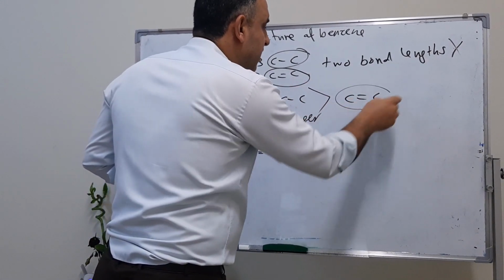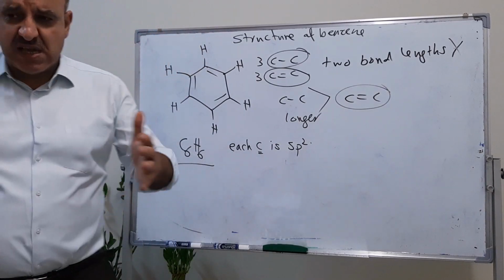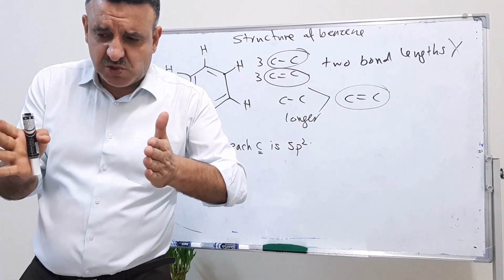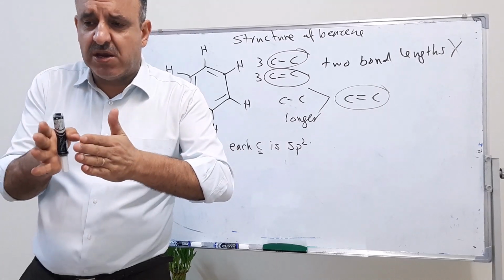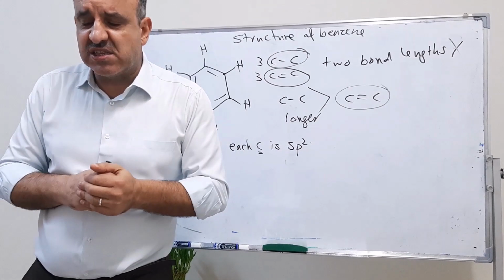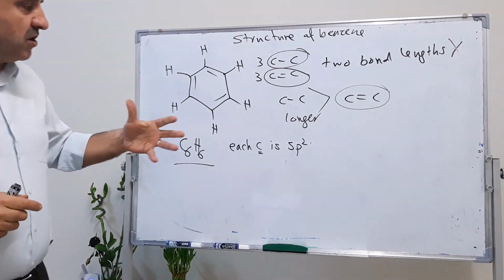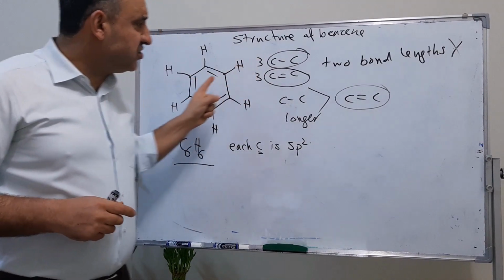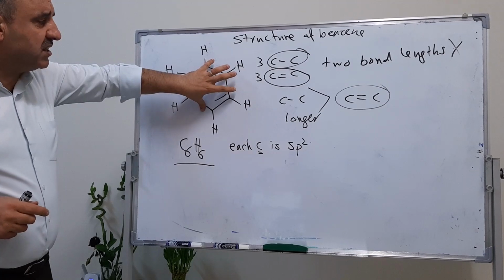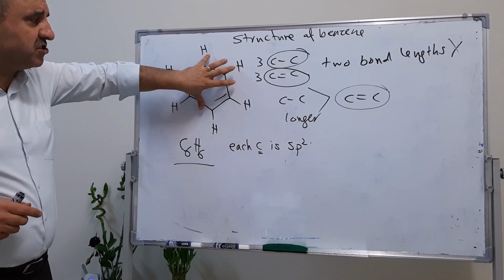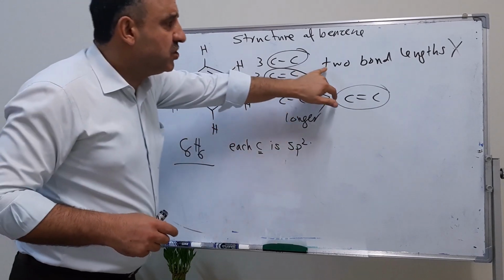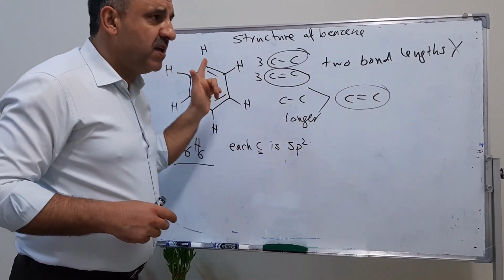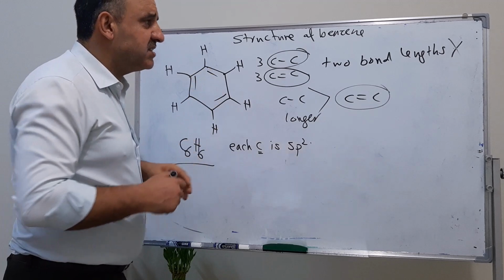Then as the number of bonds increases, the attraction forces between the two nuclei increase, and therefore these two nuclei become closer to each other, or the distance becomes shorter. So if this is the correct representation of the benzene system, we should find two bond lengths inside the benzene system, which is not true.